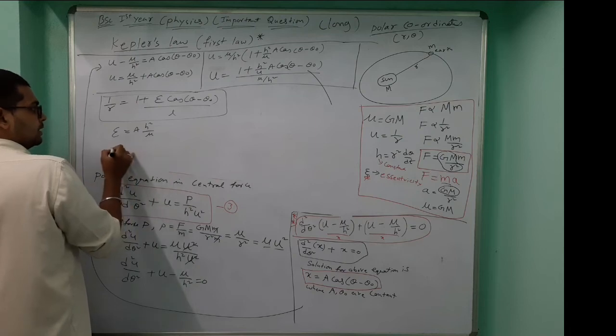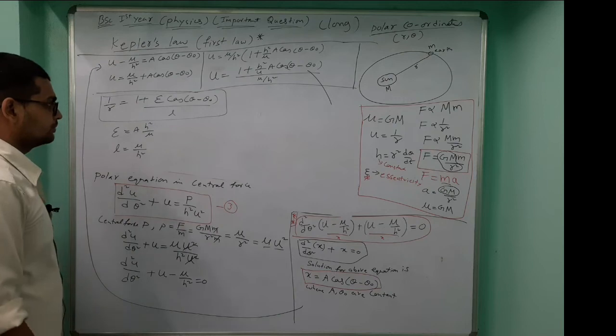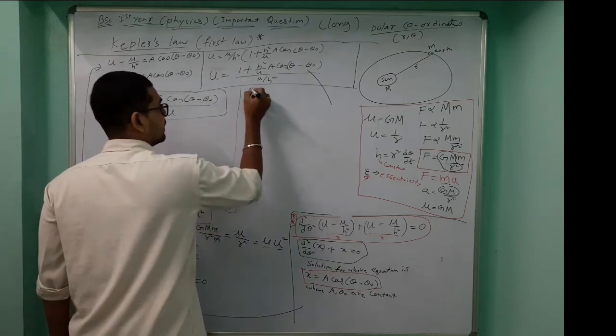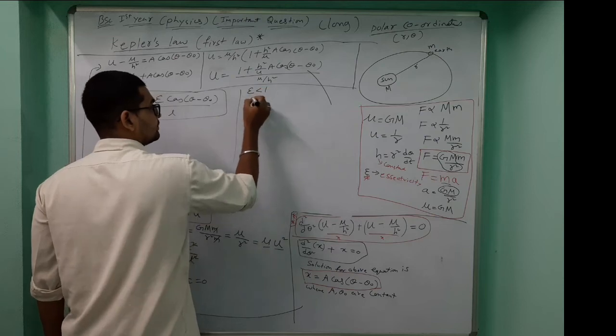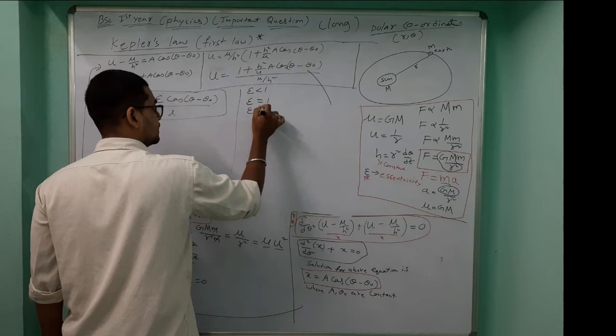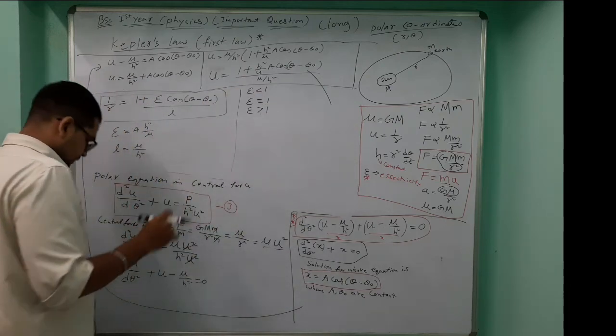Okay, and L is equal to mu by h square. Now it is like this, e is less than 1, e is equal to 1, e is greater than 1. Okay, and it can be written as very much important.